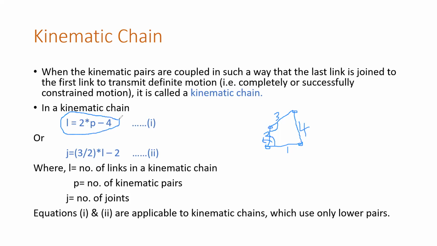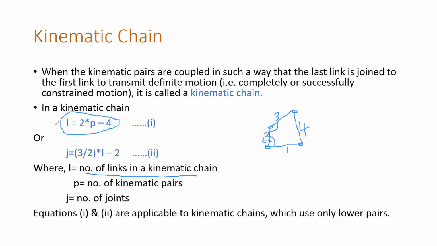In a kinematic chain, left hand side is equal to right hand side. On the left hand side, L is the number of links in the kinematic chain, so you have to count how many links there are. For example here, there are 1, 2, 3, 4. One more criterion is there, the second equation, which you can also use.